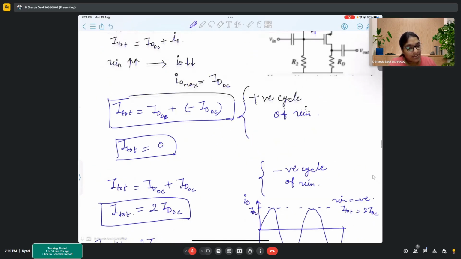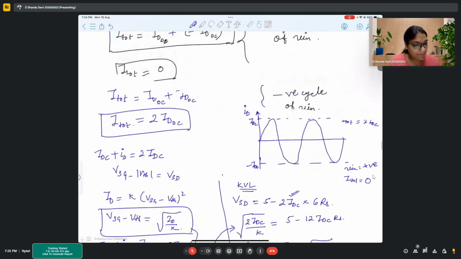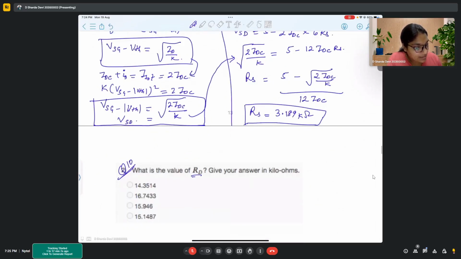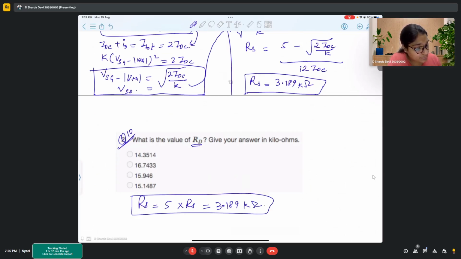Now the follow-up question, so this was question number 9. Question 10, here RD has been asked. RD is 5 times RS, so 3.189 kilo ohms into 5, which is 16 kilo ohms.